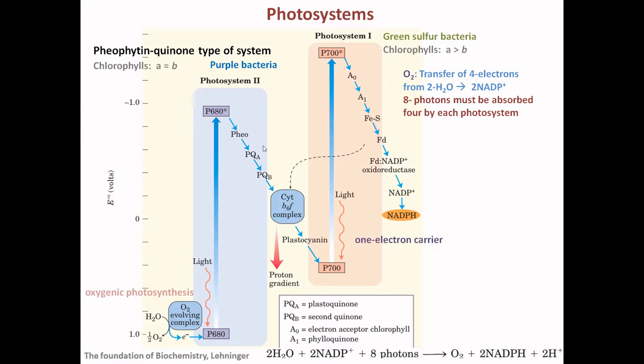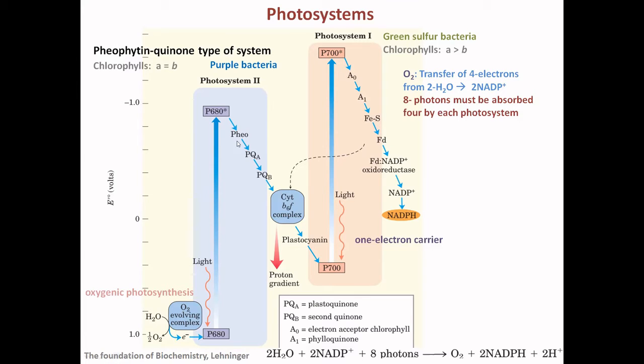So this is the pheophytin. It has a low reduction potential compared to the PQA, and subsequently PQB. So the reduction potential increases; this is the reduction potential in volts. This is the lowest, this is the highest. So the electron is moving in a step-by-step process.